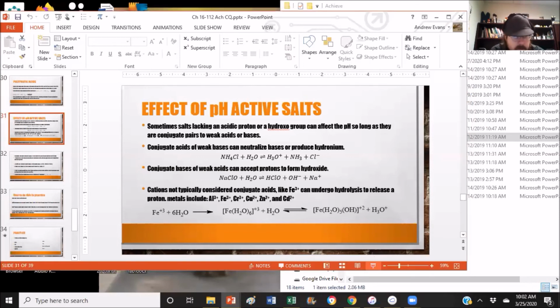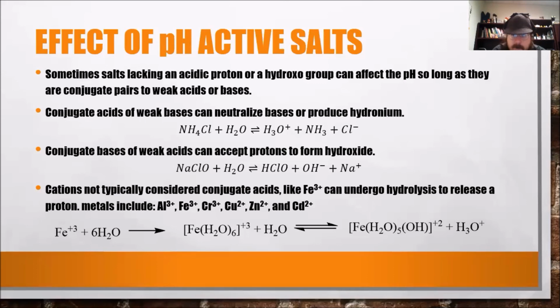So the first thing we're going to be talking about is the effect of pH active salts. So what does that mean? You've got to remember that if you put a weak acid into solution, it is going to produce a weak base salt.